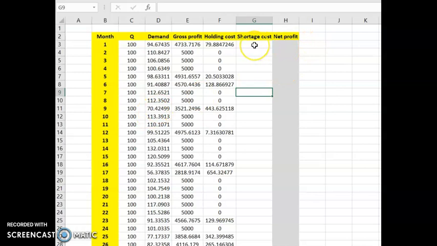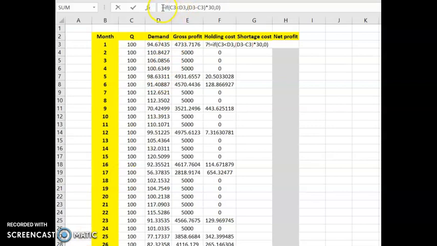Okay, as the next one, we are going to do the shortage cost. Shortage cost is very similar to the holding cost, and you will see the formula and population soon. Now you see the formula for shortage cost, which is very similar to holding cost with trivial differences.